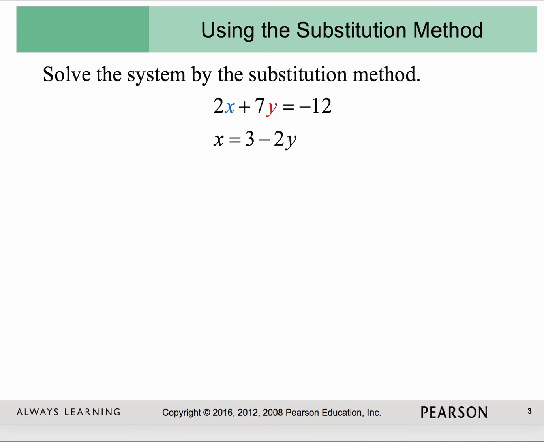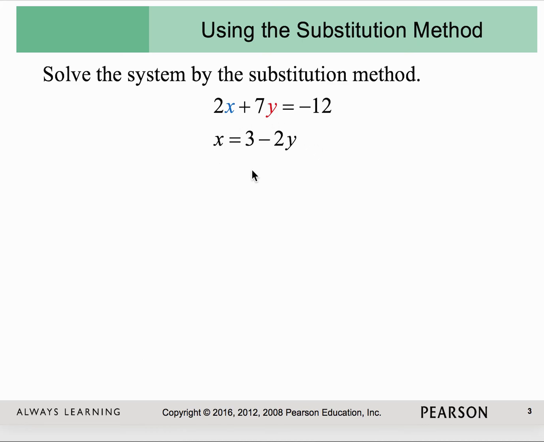All right, so notice we have a system, which is two equations, okay? And in order to be a solution to the system, I need to find a value that solves this equation while also solving this equation. Okay, so the substitution method means I need to take one of these equations and solve for one of the variables. Doesn't matter which equation, doesn't matter which variable.